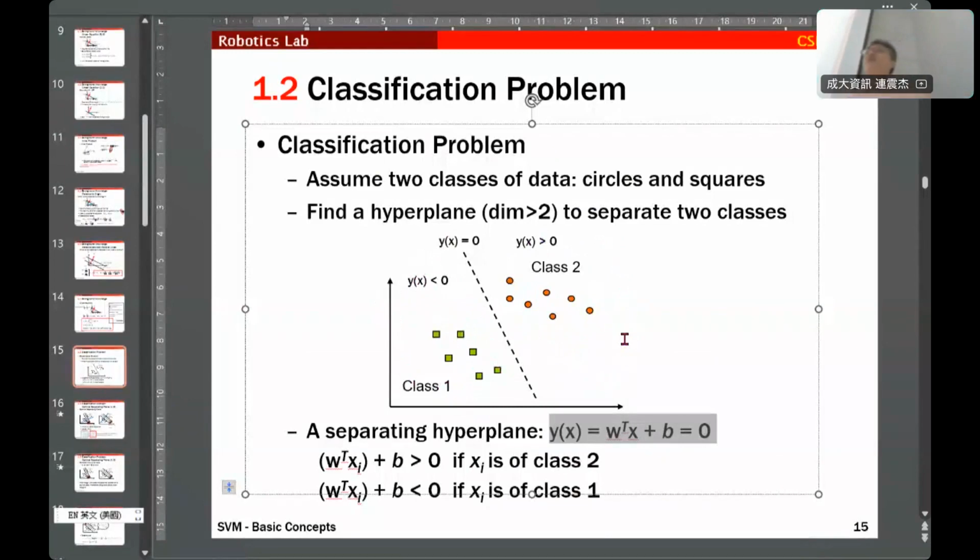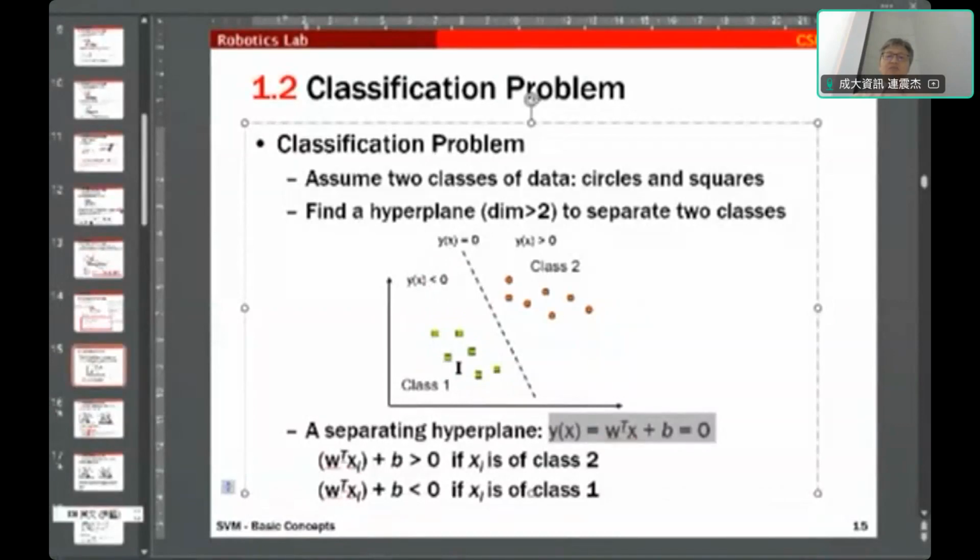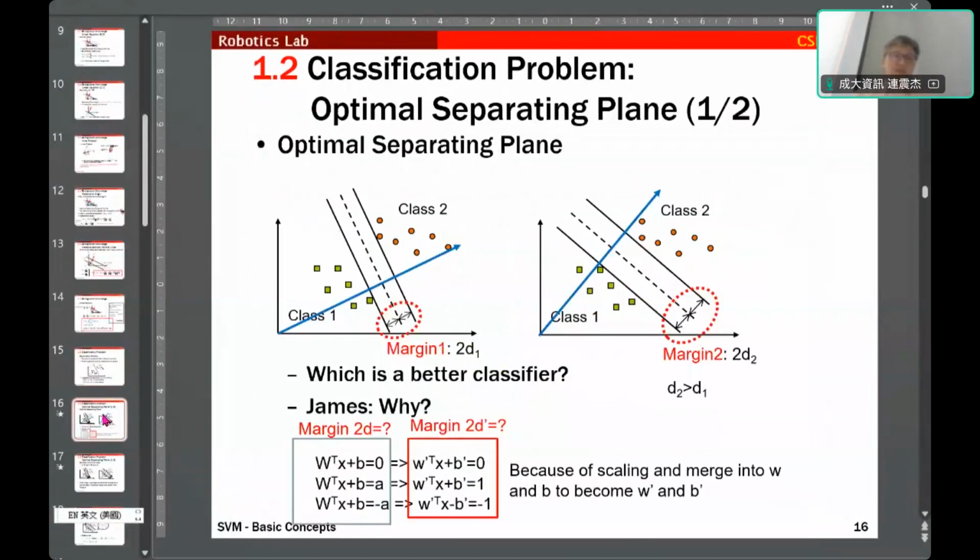But how can we define negative and positive? It's easy. After you find this line, you input any point position into the equation, and you find it is negative on one side and positive on the other. There is nothing special, just one positive and one negative.